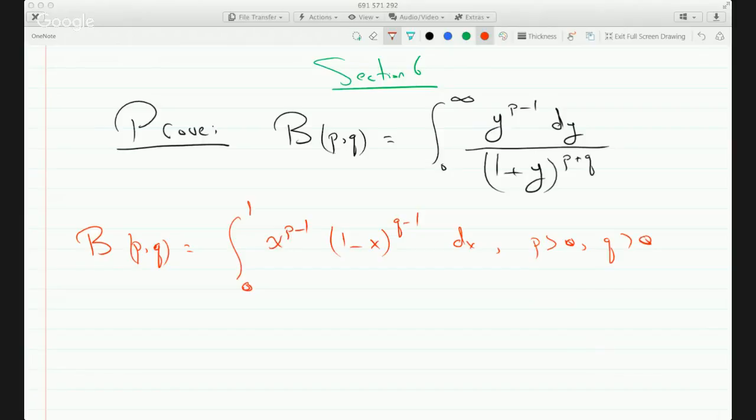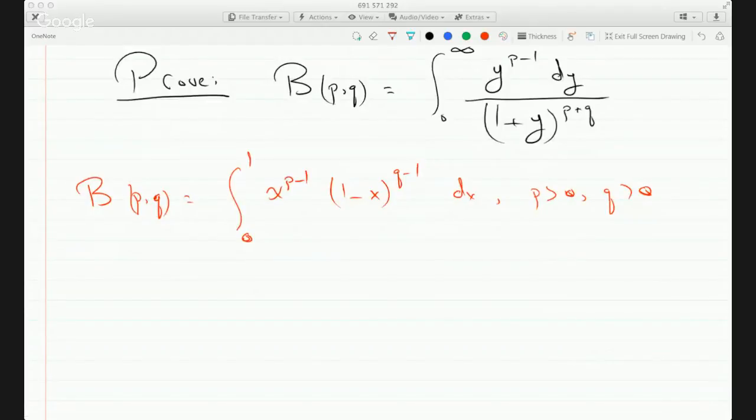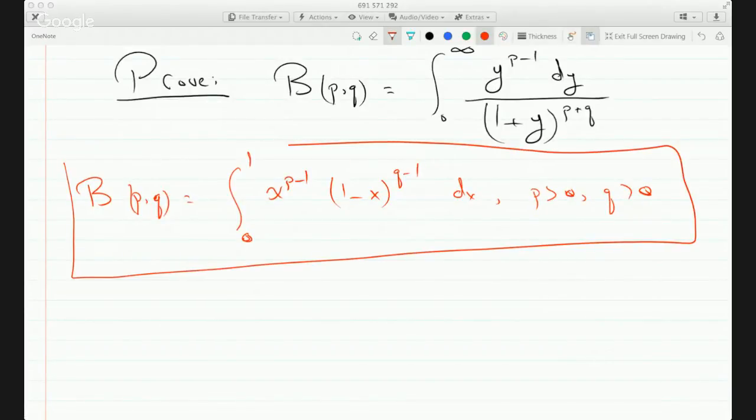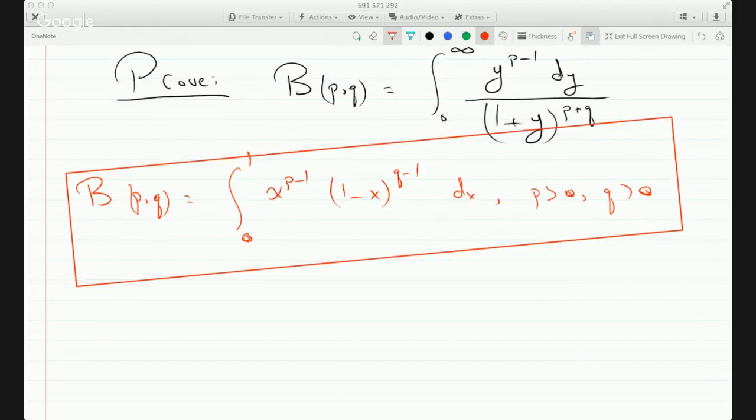This is a fairly simple substitution. You can go to this definition for the beta function to prove the above formula.